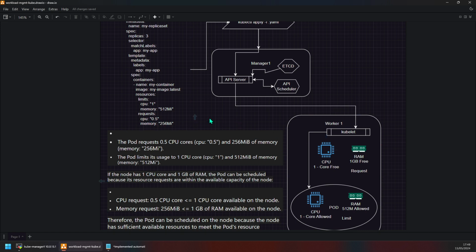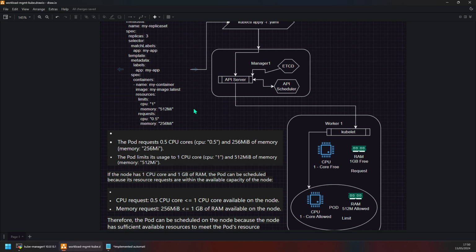That's the first criteria. The second criteria is that it is going to restrict this container, which is running in the pod, to have only a maximum of 1 CPU and 512 MB of memory. What this means is that your kubelet is going to monitor your pod, making sure that it doesn't exceed 1 CPU and 512 MB of RAM.